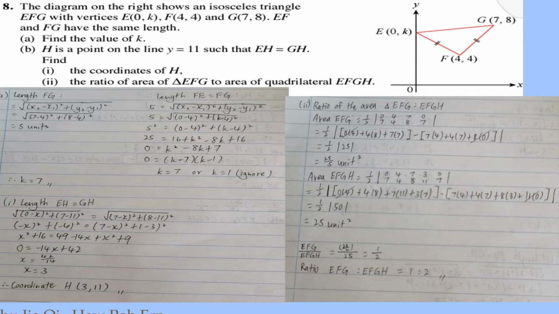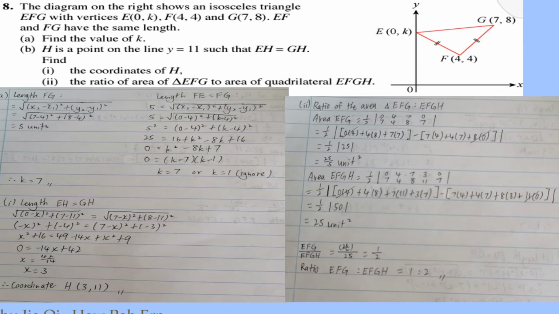Okay. And area EFGH equals 1 over 2 modulus 0 7 4 4 7 8 3 11 0 7 modulus, equals 1 over 2 modulus bracket 0 plus 4 plus 48 plus 7 times 11 plus 3 times 7 bracket minus bracket 7 times 4 plus 4 times 7 plus 8 times 3 plus 11 times 0 bracket modulus equals 1 over 2 modulus 50 modulus equals 25 unit square.